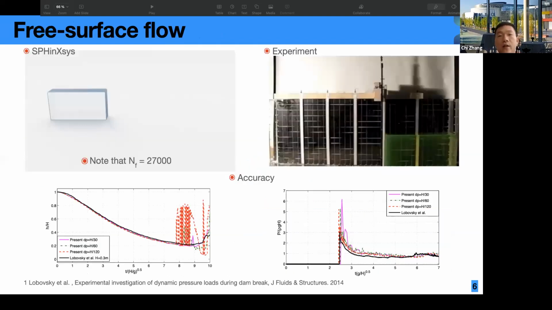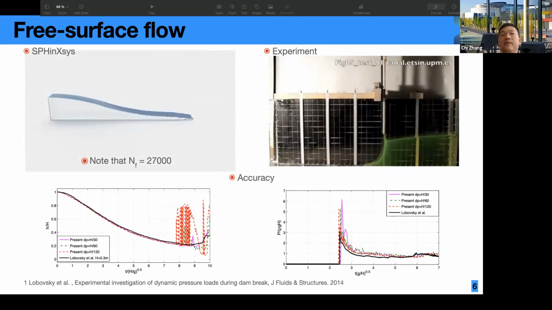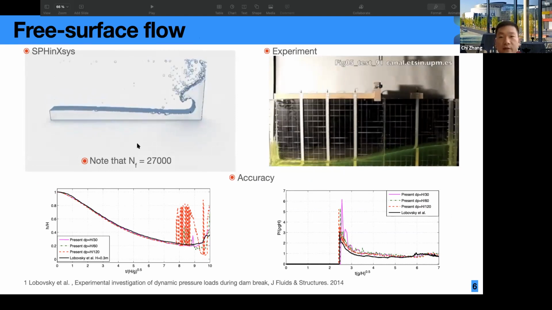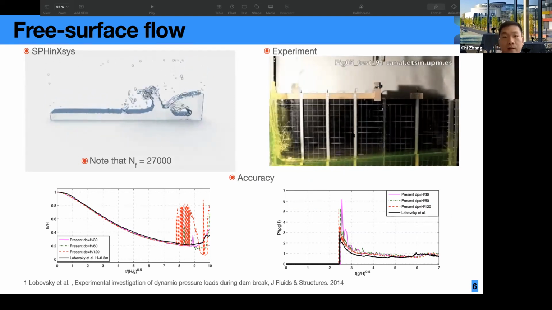So then I will briefly show some results obtained by using SPHinXsys. These are the results and benchmark test for free surface flow, the dam break. This is the simulation result, and this is the experiment.